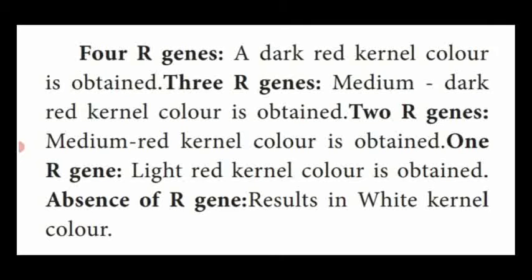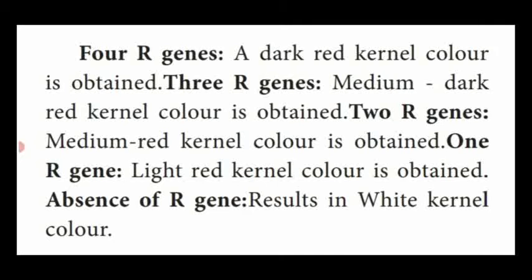3 R means medium dark red kernel color. 2 R genes means medium red kernel color. 1 R gene means light red kernel color is obtained. An absence of R gene is named as white color kernel.